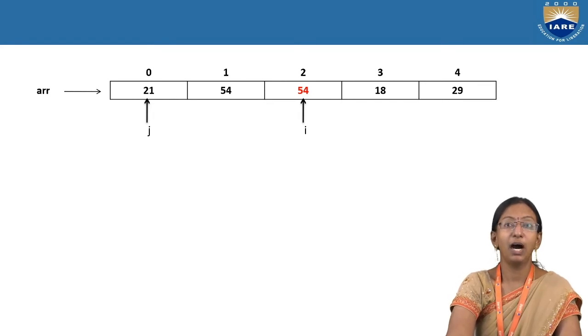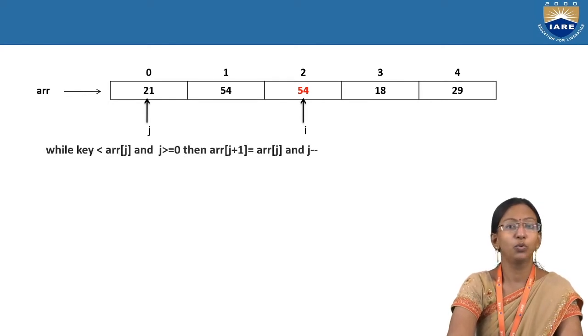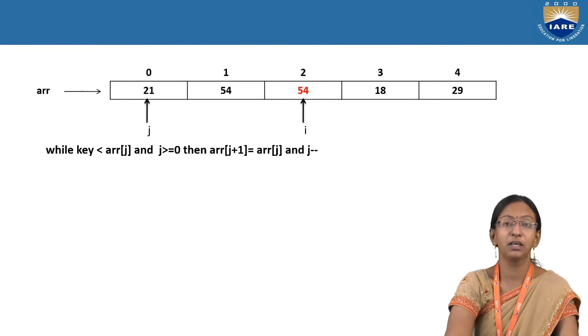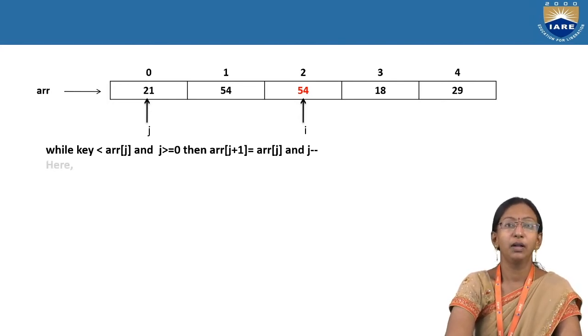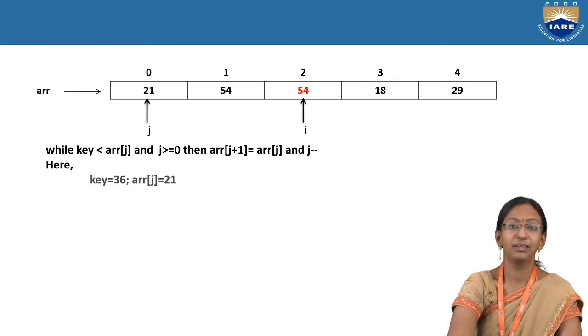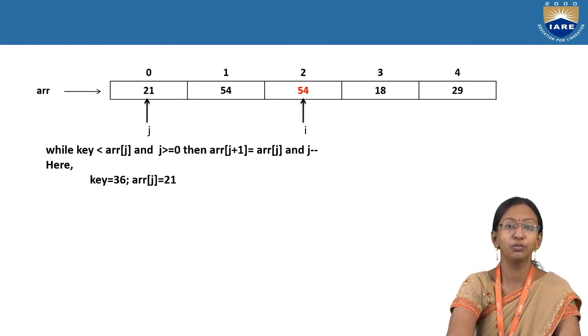We are in the process of finding the right position for it. The loop didn't break, as in the previous step both conditions were satisfied. So the while loop still prevails, and now the key value is still 36, but j is pointing to 21. Is 36 less than 21?